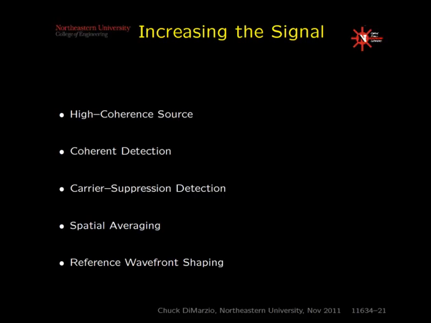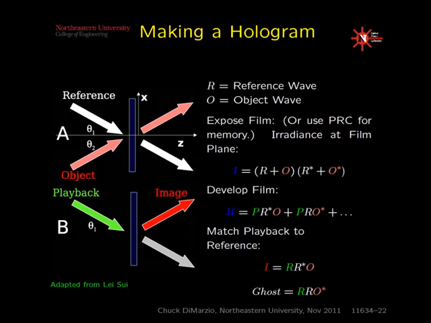And so we shaped the reference wavefront to match the unmodulated wavefront so that it would mix efficiently with the modulated one. Okay, so briefly what we did was use a photorefractive crystal to make a dynamic hologram. And I think everybody knows in a hologram you mix a reference with an object on a plate of film.